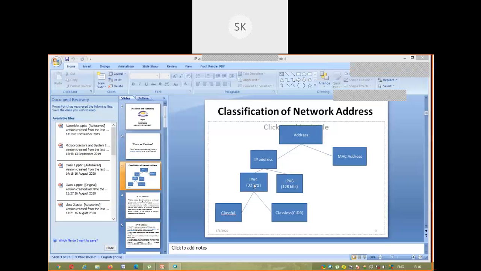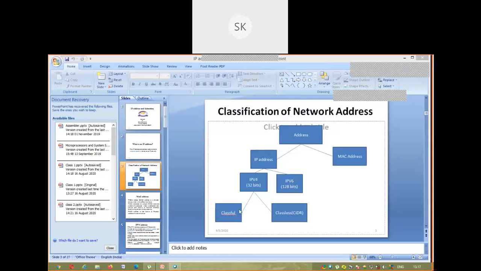Further, if we discuss IPv4, this is a 32-bit address. The length of IPv4 is 32 bits.